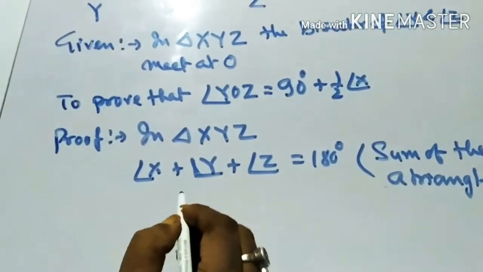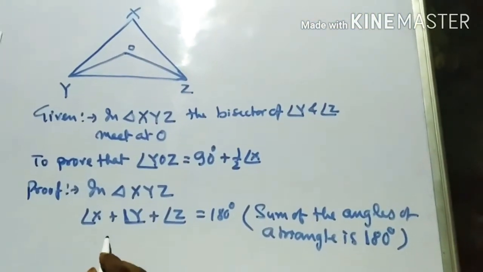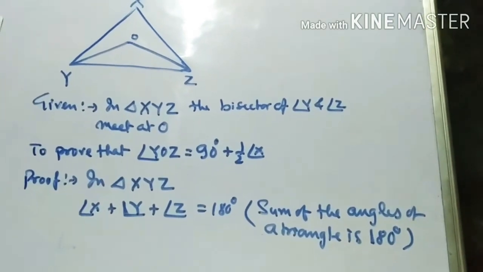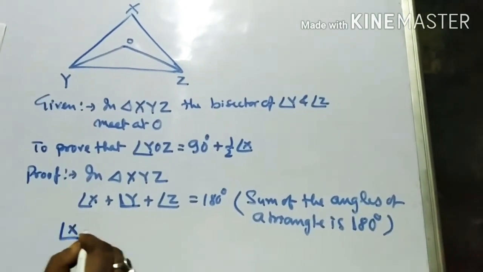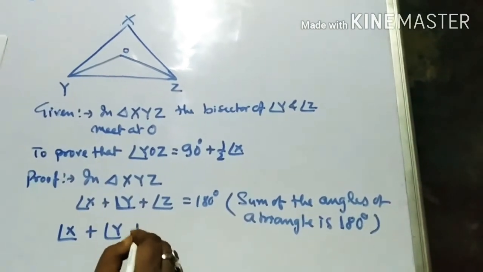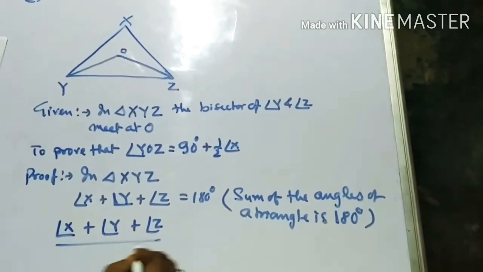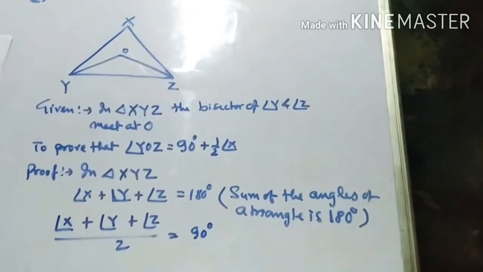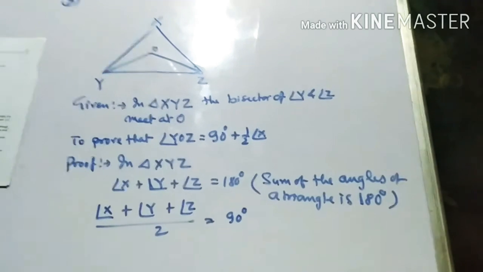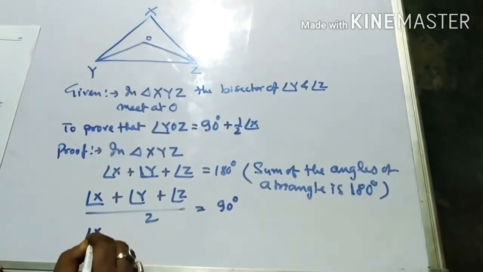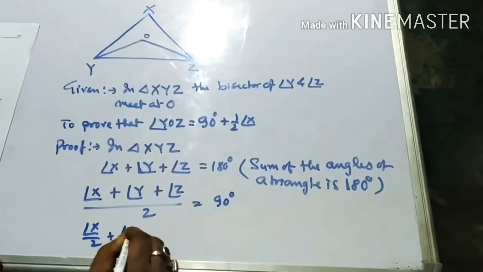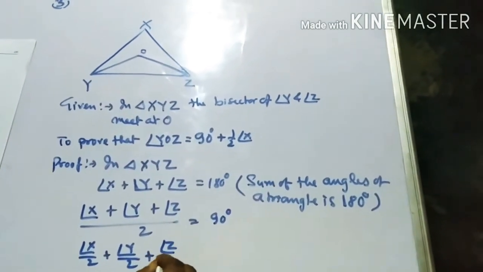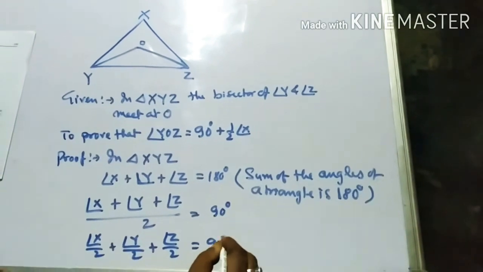Now I am going to divide both sides by 2. Angle X plus angle Y plus angle Z, by 2, is equal to 180 divided by 2, which is 90 degrees. So angle X by 2 plus angle Y by 2 plus angle Z by 2 is equal to 90 degrees.